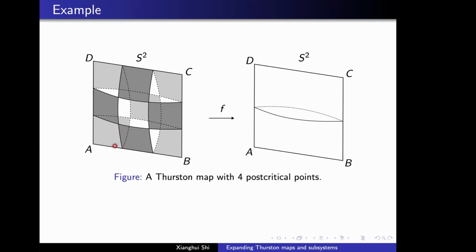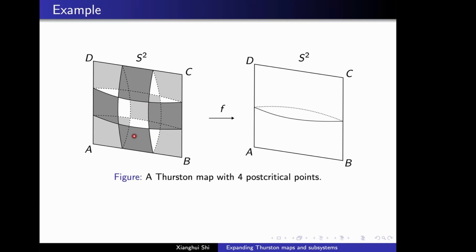And inductively, we can define F on each small square. For example, if this small square in the corner is mapped to the big square in the front, then the next one, this small square, should be mapped to the big square in the back. And in this way, we can obtain a branched covering map F on the whole sphere.